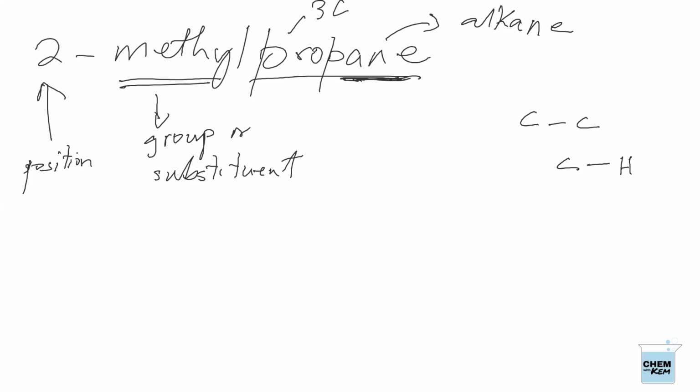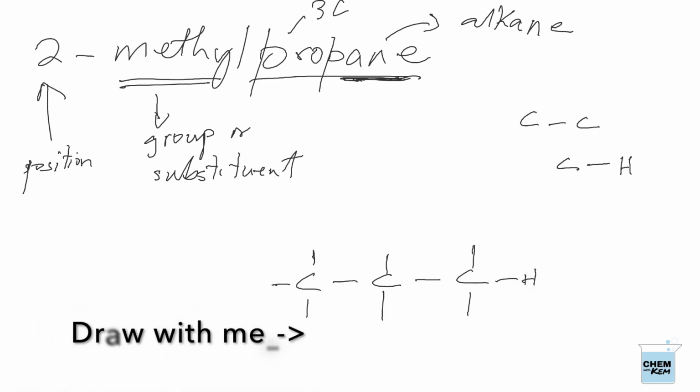So 2-methyl propane. We'd need 3 carbons in the chain. And of course, we have to dress up. We have to put on our hydrogens. They said that it's 2-methyl propane. So on carbon 2, and it doesn't matter which side you count from. 1, 2, 3, or we could count 1, 2, 3.